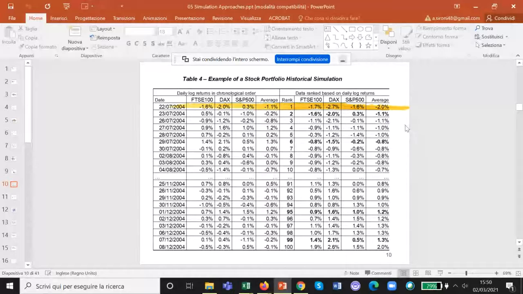So historical simulations, we saw that if I have a long position, value at risk with 99% would be 1.1%. Value at risk with 95% confidence level would be 0.8%. What about the parametric approach? With the parametric approach, you just take this historical series of returns, you compute the standard deviation, and then you multiply it by 2.33 or 1.65.